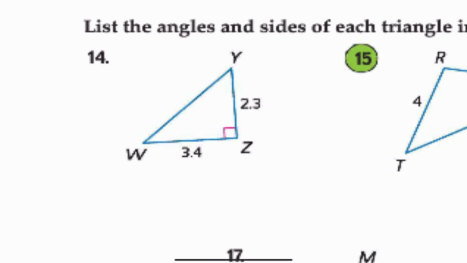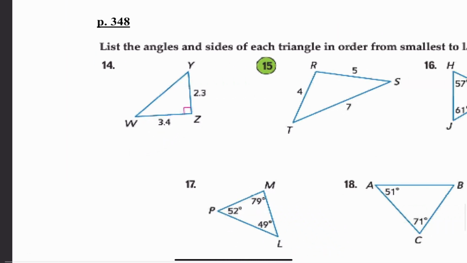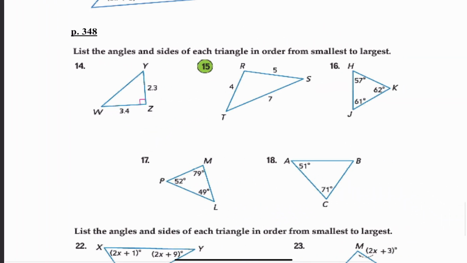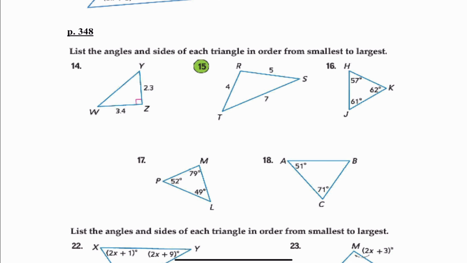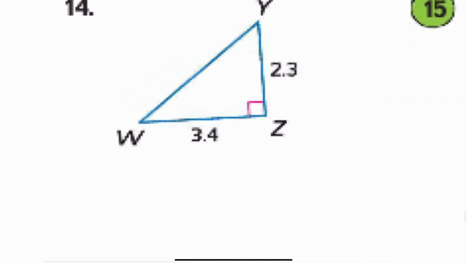And I say this all the time, the bigger the angle, the bigger the side. The smaller the angle, the smaller the side, right? So let's list the angles and sides of each triangle in order from smallest to largest.